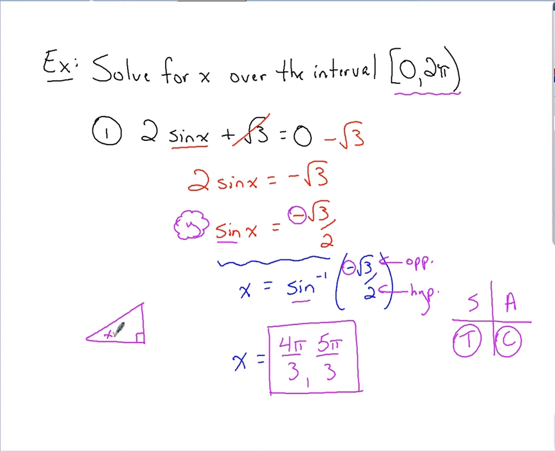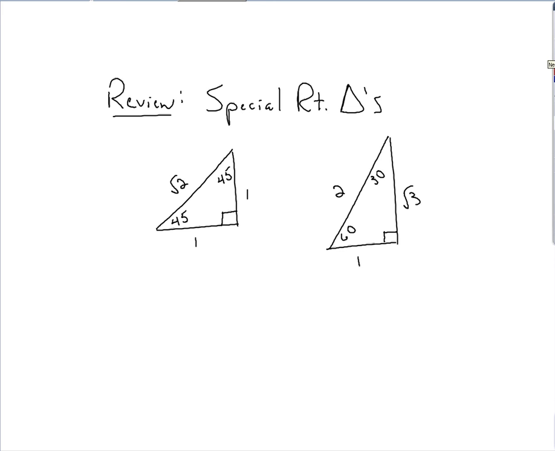The opposite, well, that's square root of 3, that's this side. Hypotenuse, that's 2, right? If you're trying to figure out what kind of triangle you're working with, you've got to ask yourself what angle here is opposite the square root of 3. Well, according to my special right triangles over here, that angle would be 60, right?